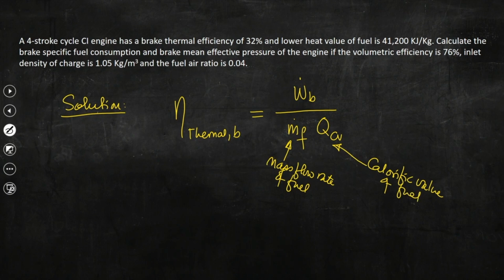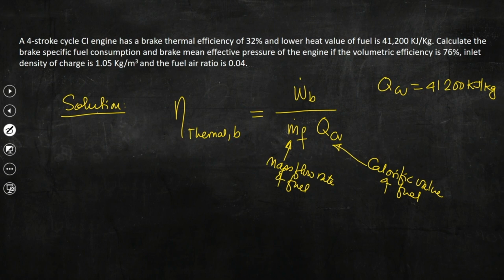Now let me read out the rest of the statement of this problem. The lower heat value of the fuel is 41,200 kilojoule per kg. So, QCV equal to 41,200 kilojoule per kg.